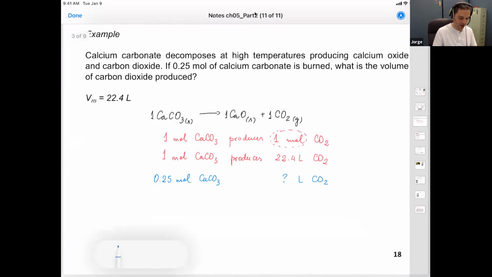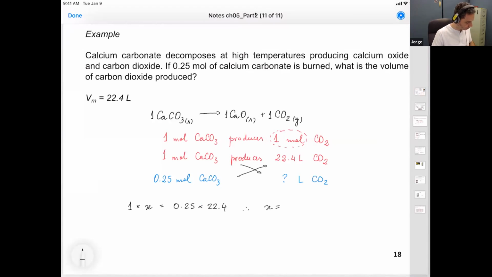This is a very simple proportion. We can solve that by cross multiplying. We are going to end up with 1 times x equals 0.25 times 22.4.